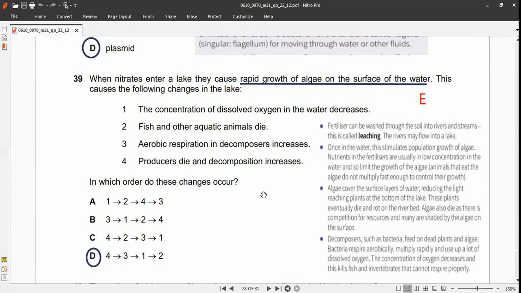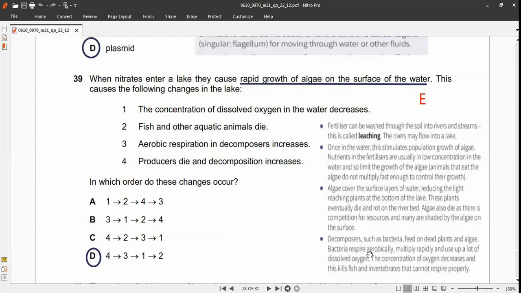So the first one, producers die and decomposition increases. The second one, aerobic respiration in decomposers increases. And the third one, the concentration of dissolved oxygen in the water decreases. So the decomposers such as bacteria feed on dead plants and algae.